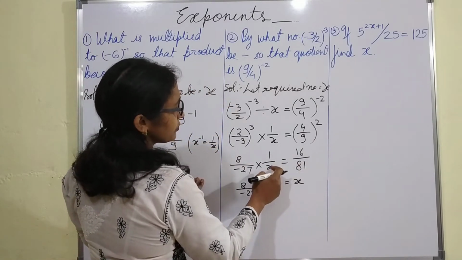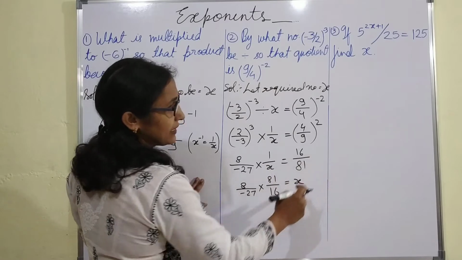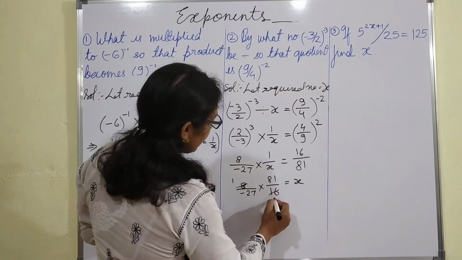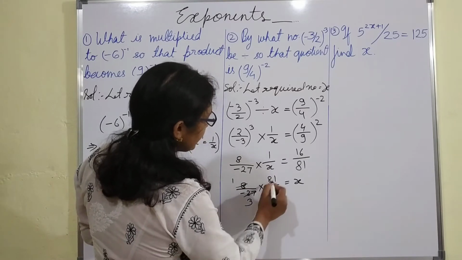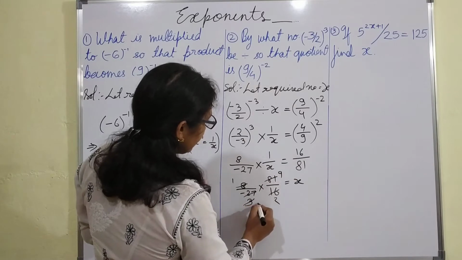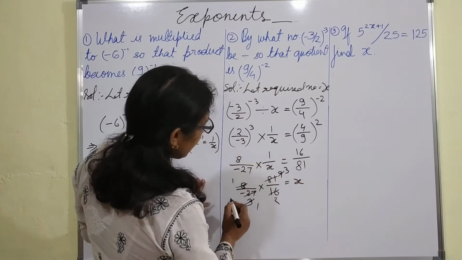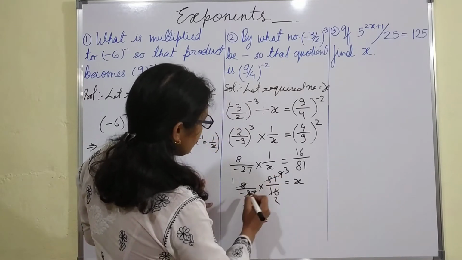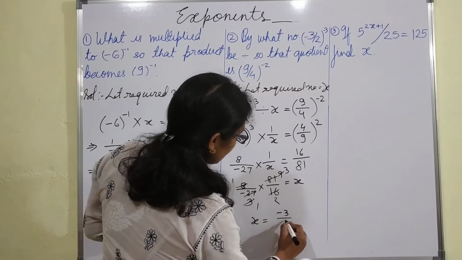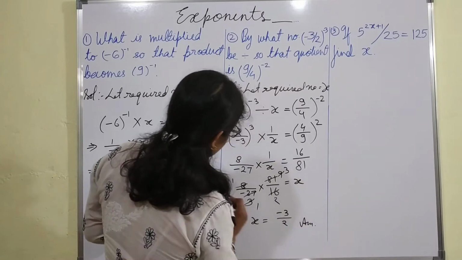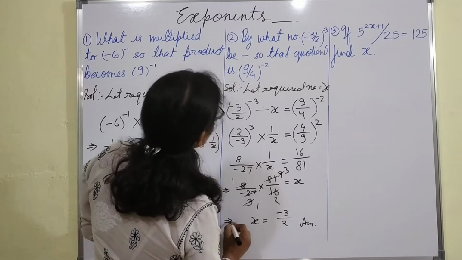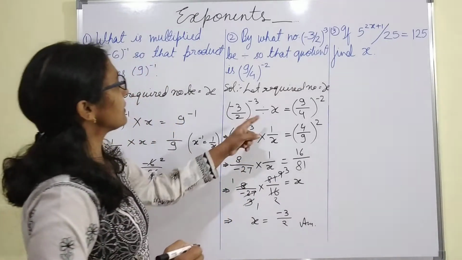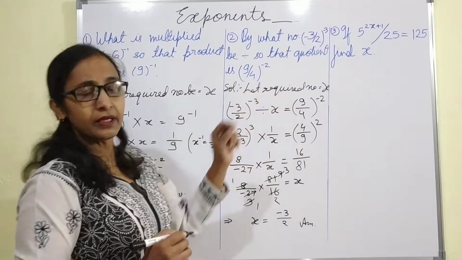This number will transpose to the left side and this will transpose to the right side to become reciprocal. 8 1s are 8, 8 2s are 16, 9 3s are 27, 9 9s are 81, 3 1s are 3, 3 3s are 9. So the value of x becomes minus 3 upon 2. It's our answer. So if minus 3 upon 2 power minus 3 is divided by x, the quotient will be this.